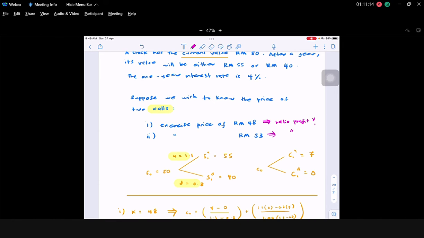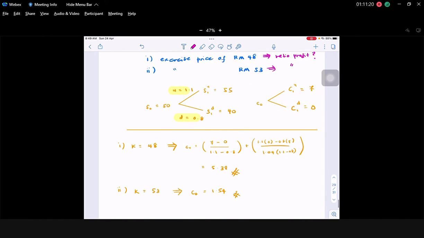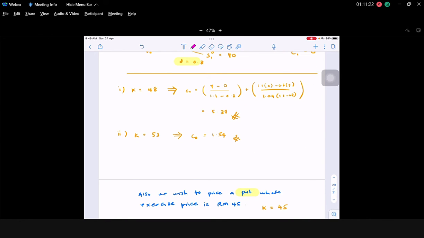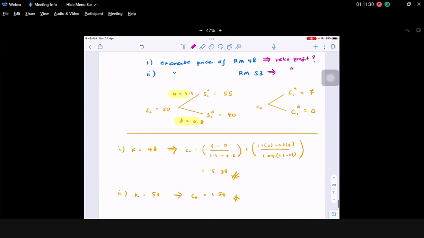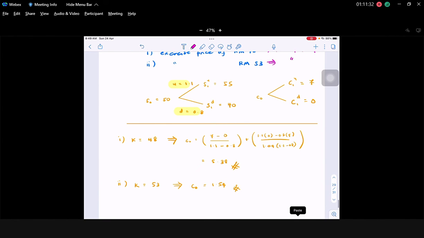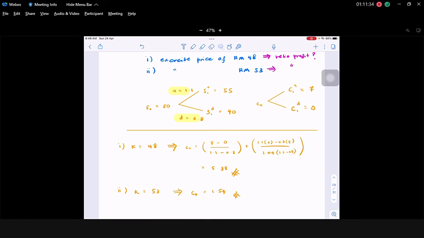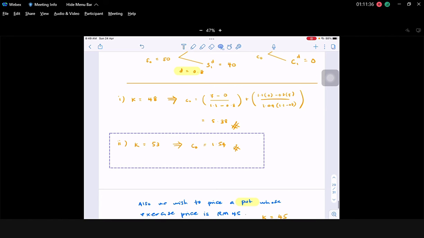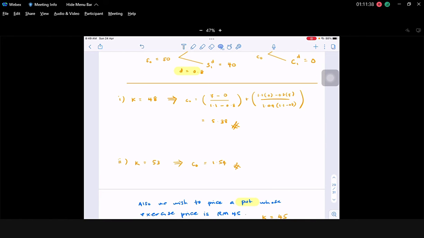Okay, untuk strike price 48, berapa dia punya ratio profit dekat situ? Okay, so cuba ingat balik.